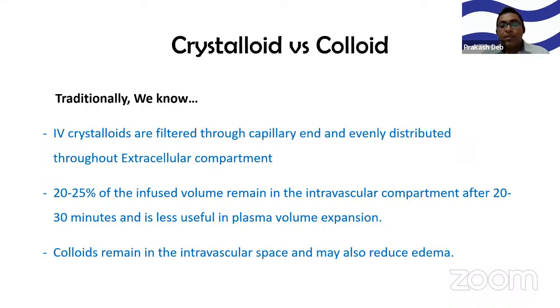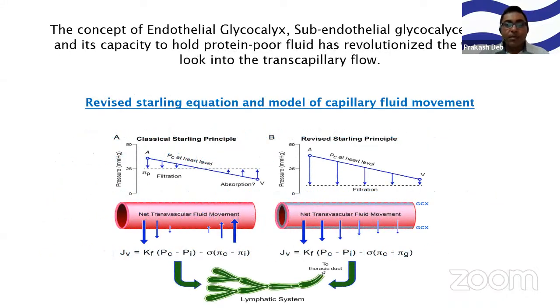And colloids remain in the intravascular space for a prolonged period of time, and it may help to reduce the edema, like pulmonary edema, cerebral edema, as Dr. Naresh was mentioning. But recently, we have seen the concept of endothelial glycocalyx come up, and the subendothelial glycocalyx layer has immense capability to hold protein-poor fluid, around 700 mL to 1 liter of fluid.